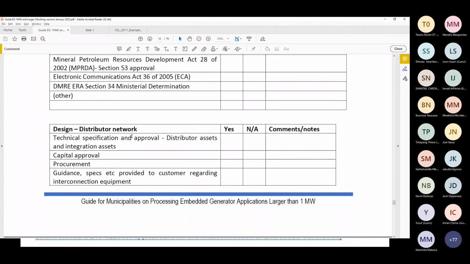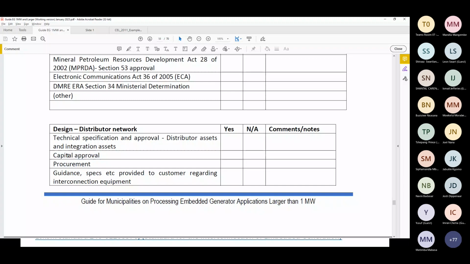So in the first place, on the distributor network side, have you compiled the technical specifications and approval? And that is through your technical evaluation committees. If you are using external consultants, I would recommend that you ask them to give you some sort of assurance. That could be a letter to say that, yes, we meet all the relevant specifications and have done the internal quality checks. And then you can tick this off.